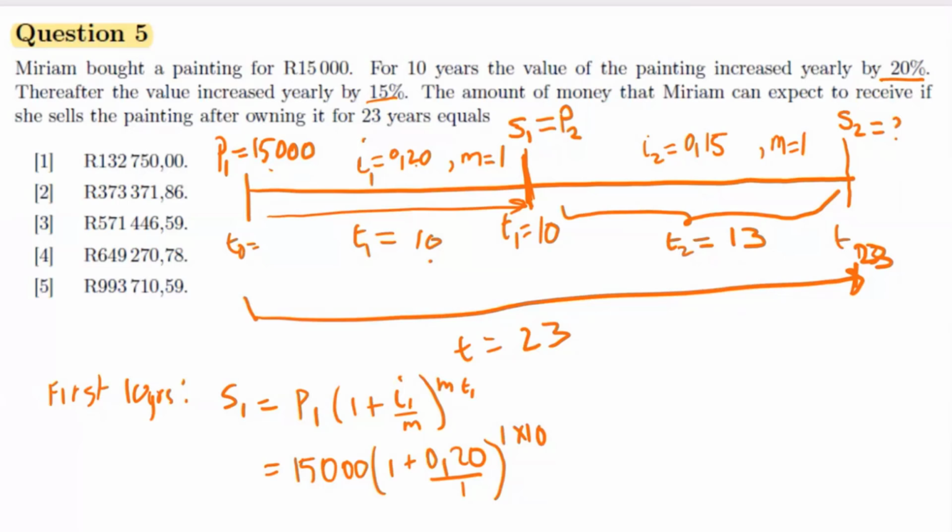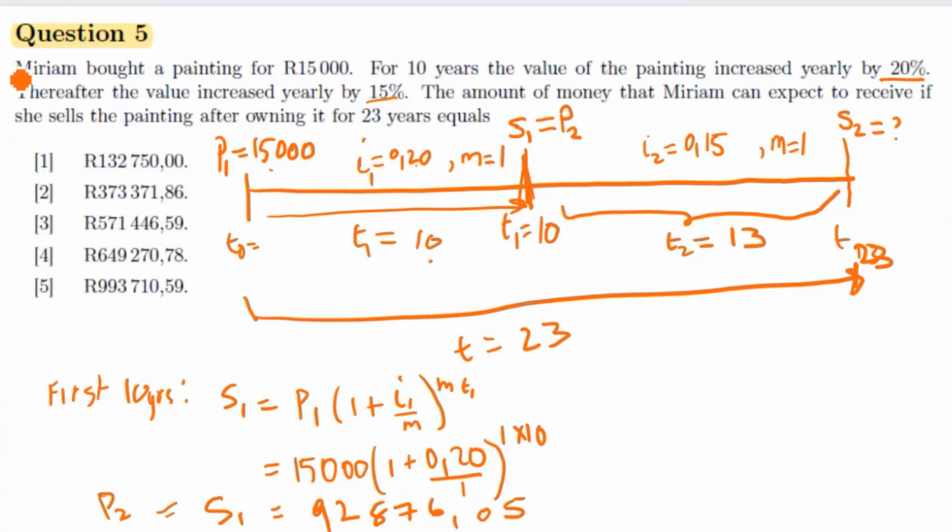I find that my accumulated amount at this point is going to be equal to 92,876.05. Remember this is my S1, and according to my timeline, my S1 is also the value of my new present value, the second term.